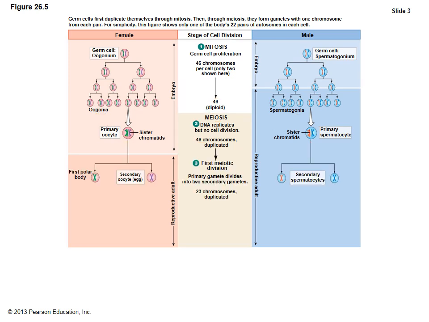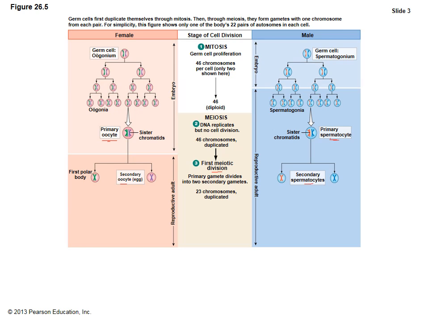The next step in meiosis is the first meiotic division. During this division, the primary gametes, the primary oocyte and the primary spermatocyte, divide into secondary gametes. So a primary oocyte becomes a secondary oocyte, and a primary spermatocyte becomes a secondary spermatocyte.